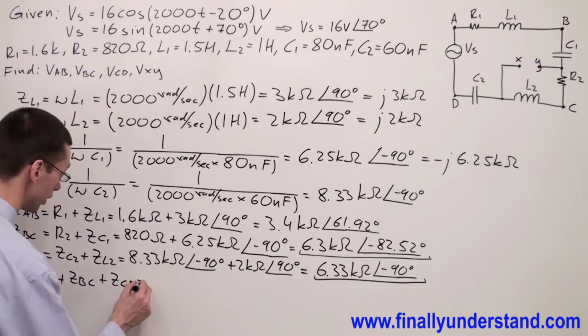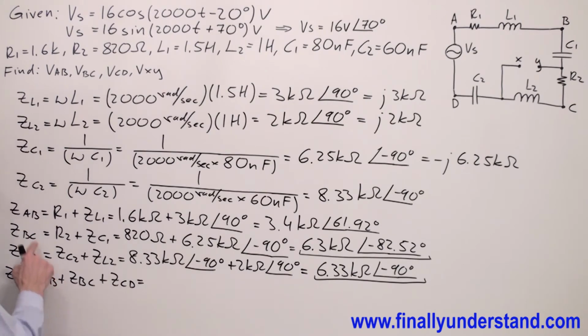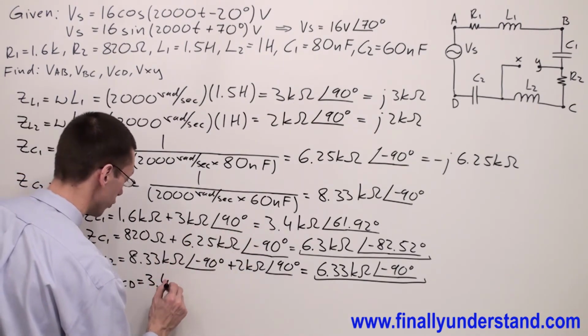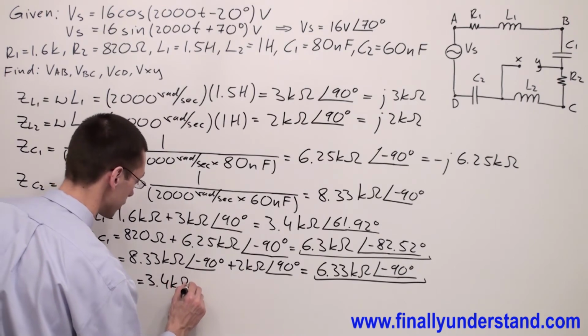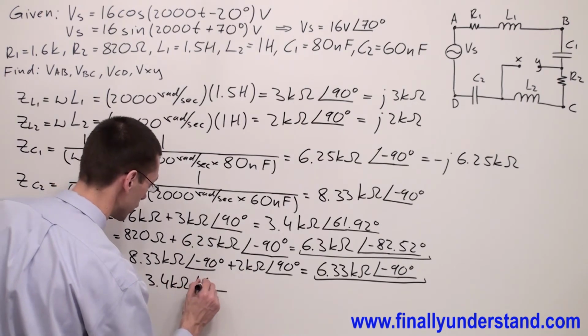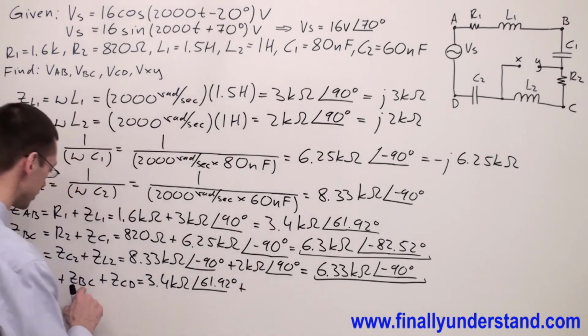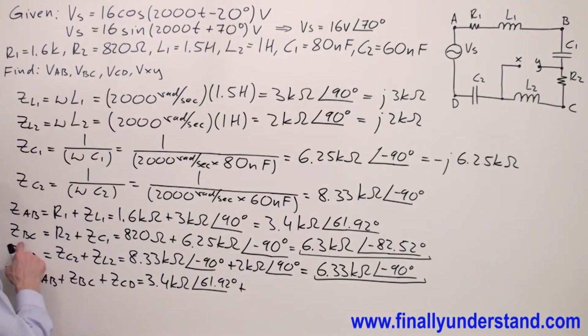Okay, this is equal ZAB. ZAB is equal 3.4 kilo ohms and angle of 61.92 degrees plus ZBC.